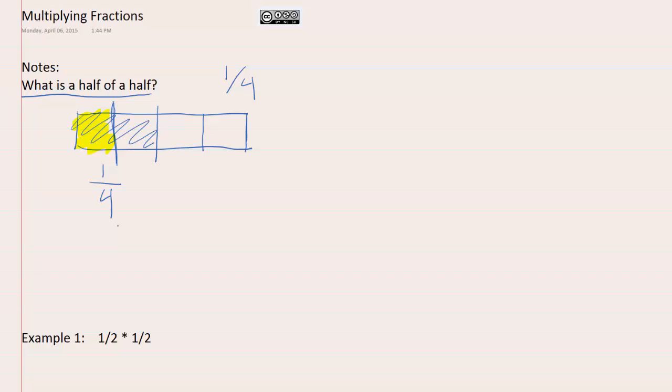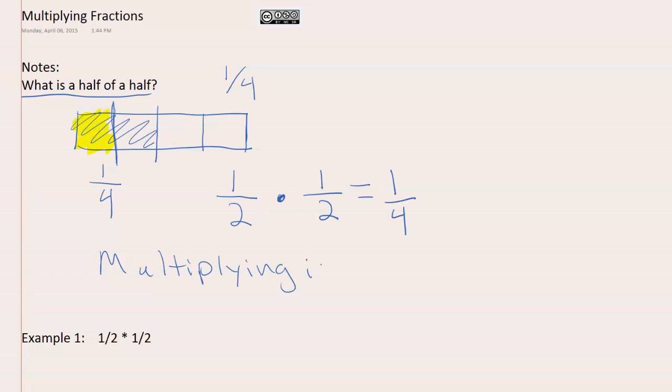So I want you to know that this same problem can be thought of in terms of multiplying fractions. We could write it out as 1/2 times 1/2 equals 1/4. Sometimes it's helpful to think of multiplying like finding area.